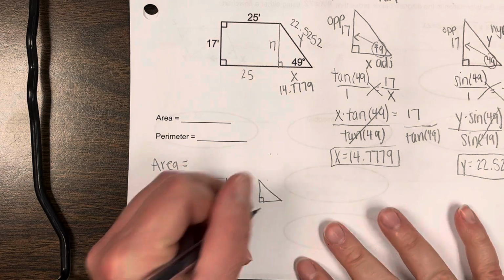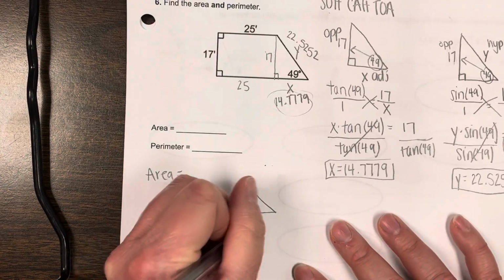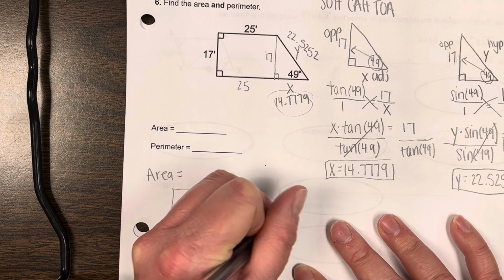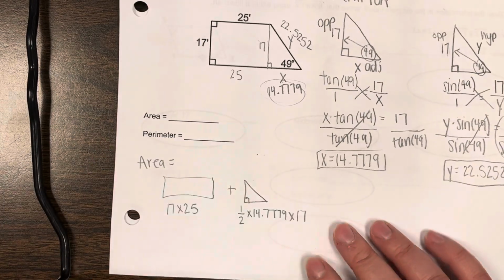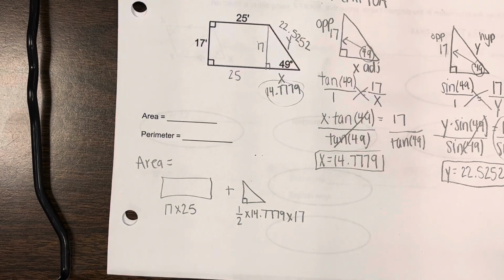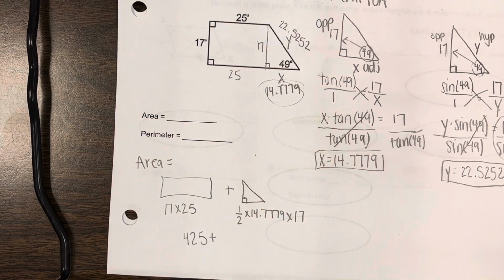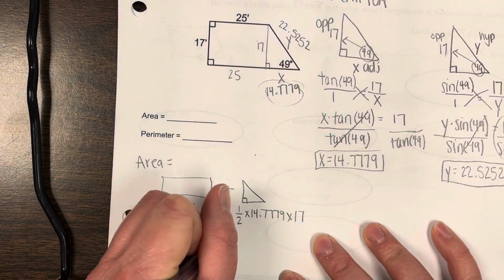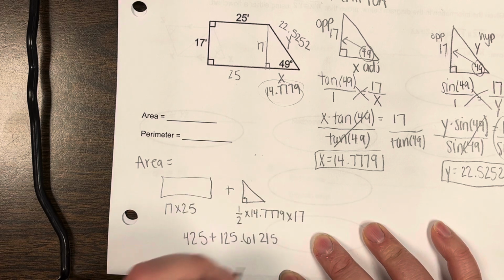And then area of the triangle is 1/2 base times height, so 1/2 times 14.7779 times height, 17. And then we'll add them. So 17 times 25 is 425, and then plus 1/2 times 14.7779 times 17 is 125.61215, and I was just copying all from the calculator.